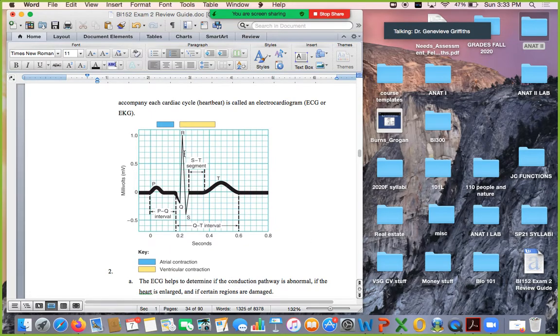So Q is actually right before, and then ventricular contraction. So most of it is ventricular contraction, but it's also the initiation of the contraction. Does that make sense? So QRS is essentially the initiation of the contraction, and then the ventricular contraction itself.